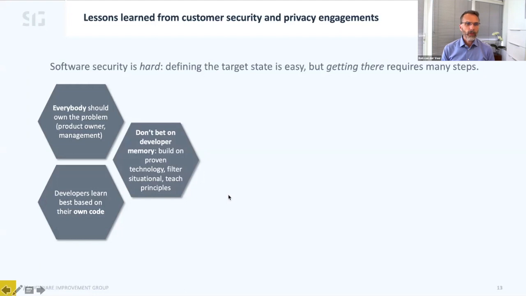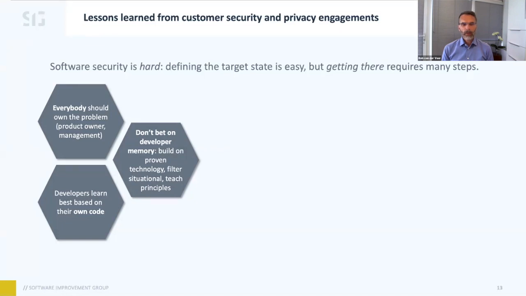Also, it's important to not bet on developer memory. After all, we're all human, and developers are human too. You want to make the list of requirements that they need to work with constantly as small as possible. You can do this by having them build on proven technology so that they take care of a large part of the security requirements automatically because they're using framework X. It's important to filter the requirements that they use situationally, and have some pointers later on about this.